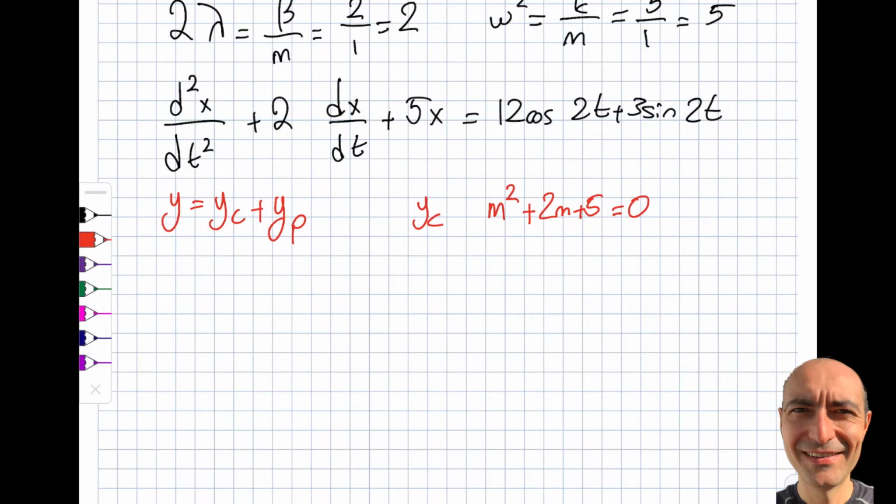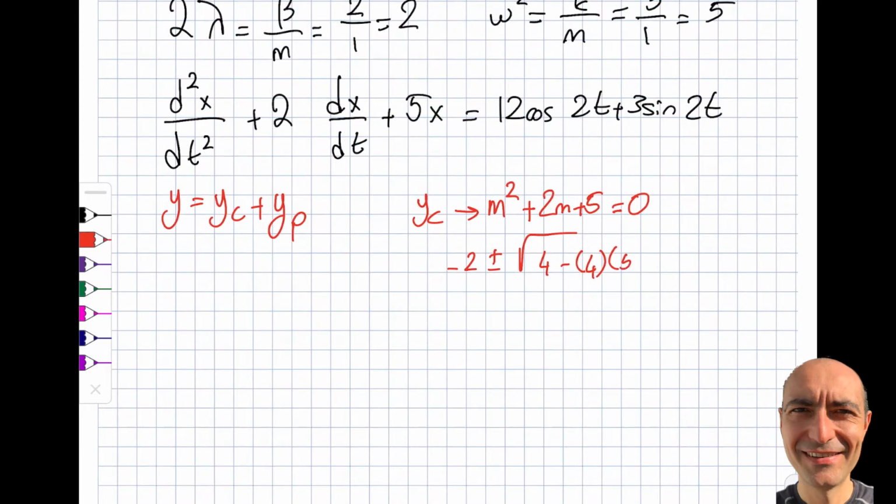I have been practicing this for a while, so I'll simply write it. Minus 2 plus or minus the square root of b squared, which is 4, minus 4 times a c, which is 5, divided by 2. I will get minus 1 plus or minus 4 minus 20 is 16, the square root of this is 4, divided by 2 is 2i.